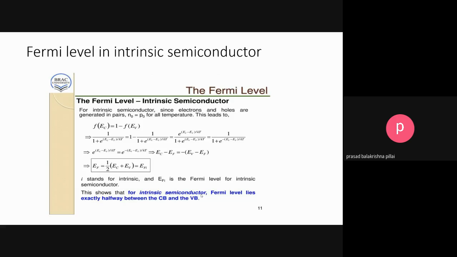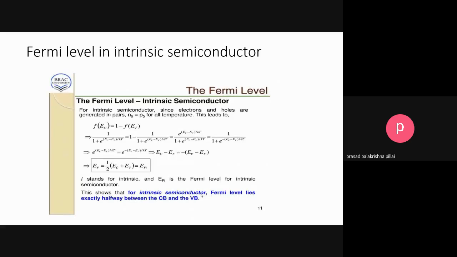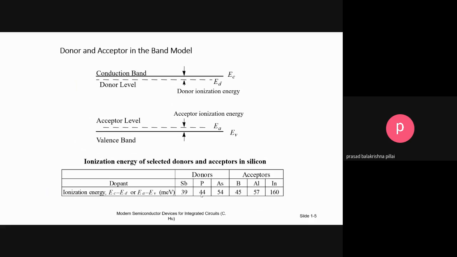Before going further, one thing I just wanted to mention: we are going back to the intrinsic semiconductor a bit, because in this band diagram, I have not shown the Fermi level. So where will be the Fermi level in the case of an intrinsic semiconductor?